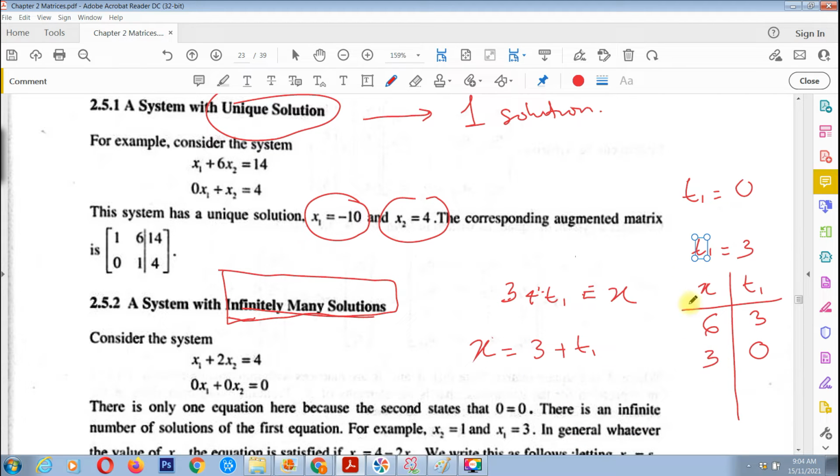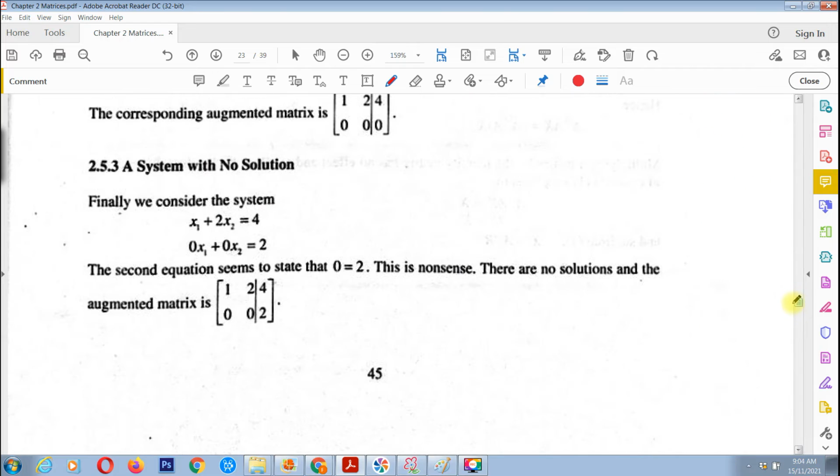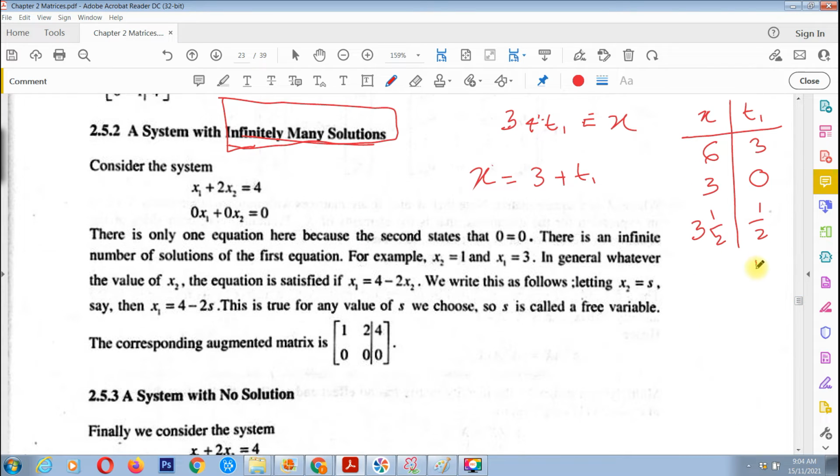X is 3. If t1 equals 1 over 2, then x equals 3 and 1 over 2. So this will continue until no end. The values are infinitely many solutions.